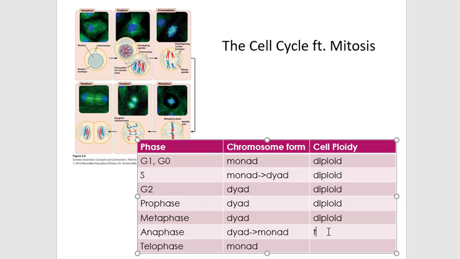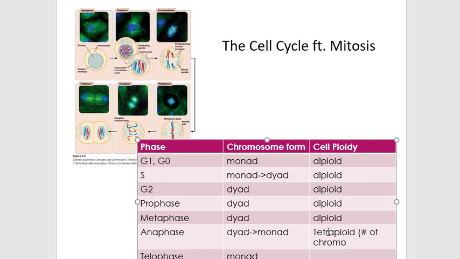I guess you could say that the cell becomes tetraploid, maybe, or we say that the number of chromosomes doubles. But that's mainly an artifact of the fact that each dyad is pulling apart and is now counted as two separate monads.